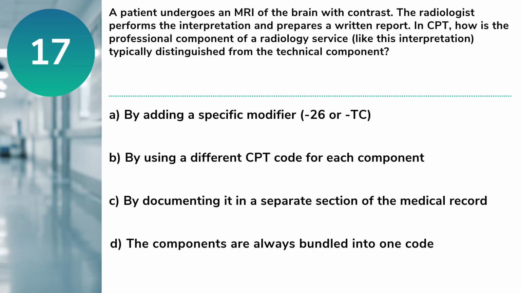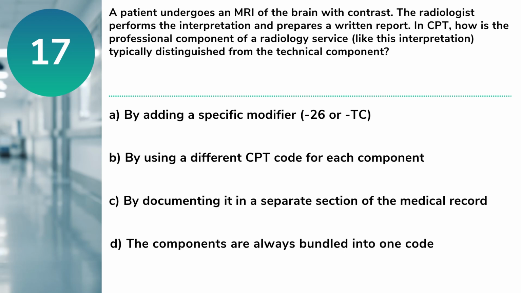Question 17. A patient undergoes an MRI of the brain with contrast. The radiologist performs the interpretation and prepares a written report. In CPT, how is the professional component of a radiology service, like this interpretation, typically distinguished from the technical component? A. By adding a specific modifier, -26 or TC.